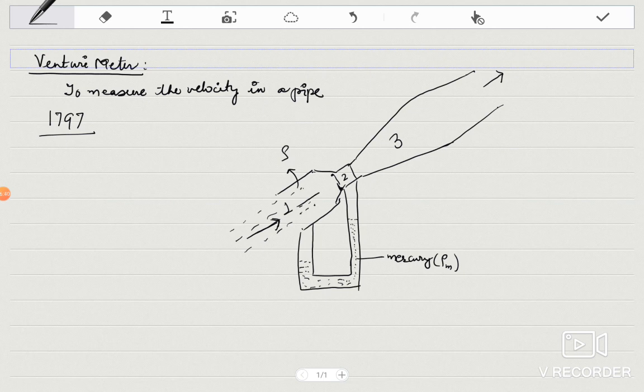Now from 1 to 2, one stream is propagating. Now this fluid is also entering in this manometer, but I am drawing this as the reference level. Suppose this is the reference level, and also you consider a datum for calculation. So it is the datum.